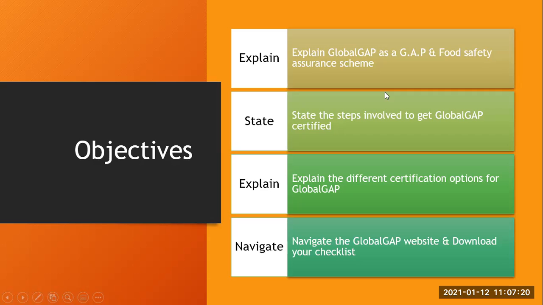Okay, as a manager or as a supervisor, when you go to the field to work with your staff, can you explain this point to them well? Can you state the steps involved to get GlobalGAP certified as a company? Okay, so can you explain the different certification options for GlobalGAP? Can you navigate the GlobalGAP website to download your checklist?